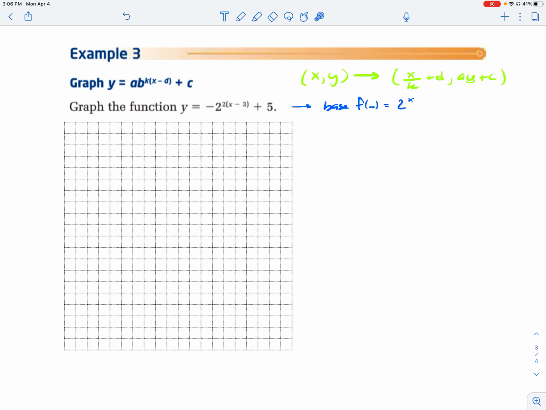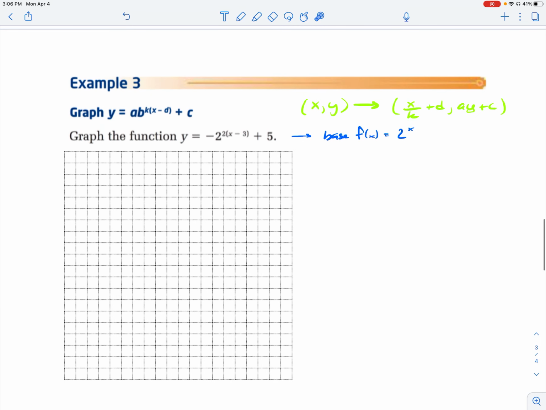Our base is actually restricted to only positive values. So real quickly, when we have exponential functions, just a reminder that b has to be greater than 0. We cannot have any negative values for the base, and there's another restriction: the base can't equal 1, because 1 raised to any exponent is just 1.